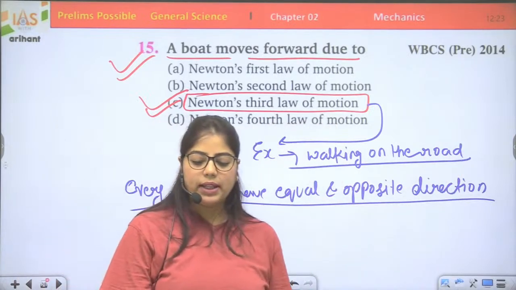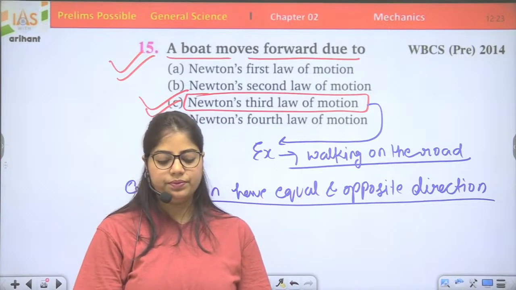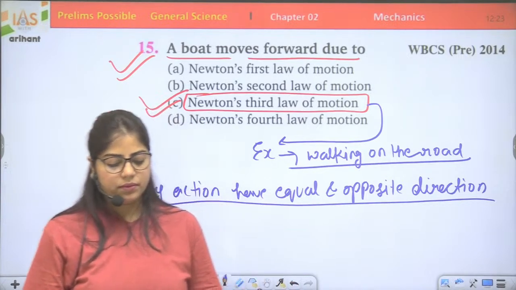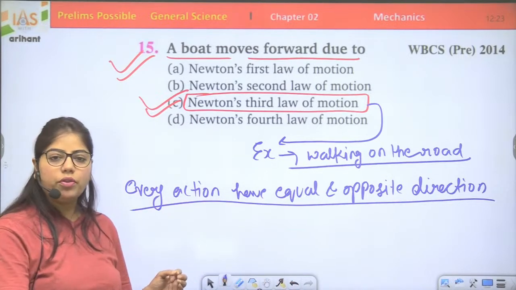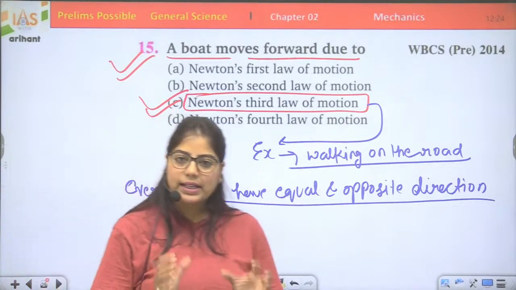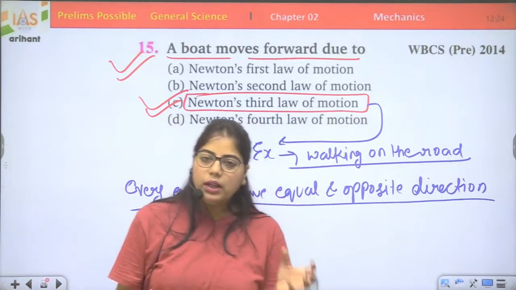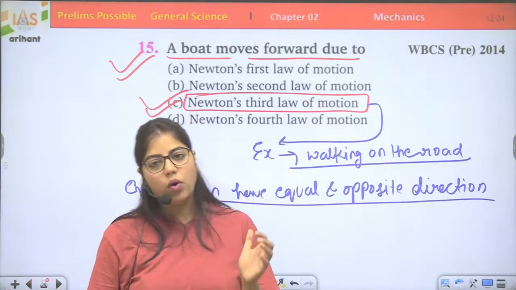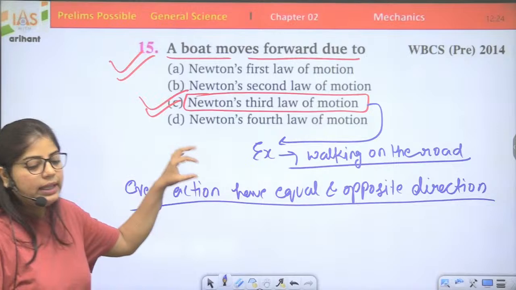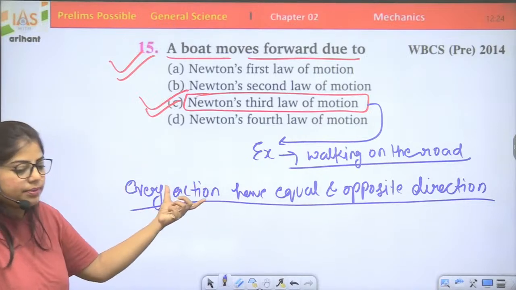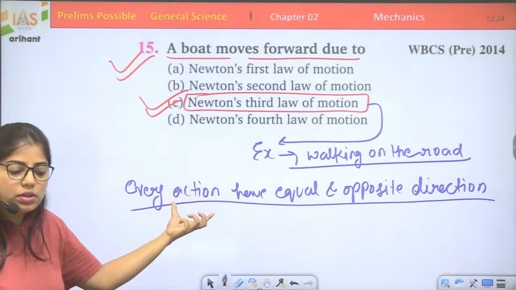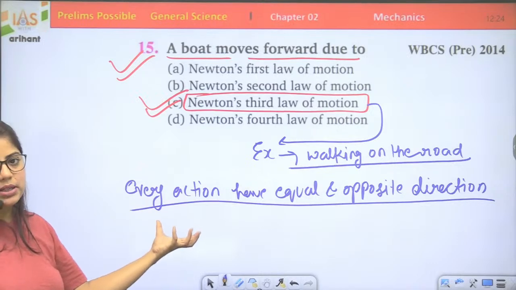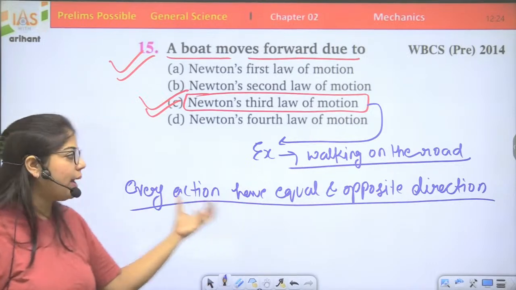How will you explain this? By Newton's third law of motion, when we are walking on the road, the ground exerts an equal and opposite force on the person, and this reactive force enables the person to move forward, right?